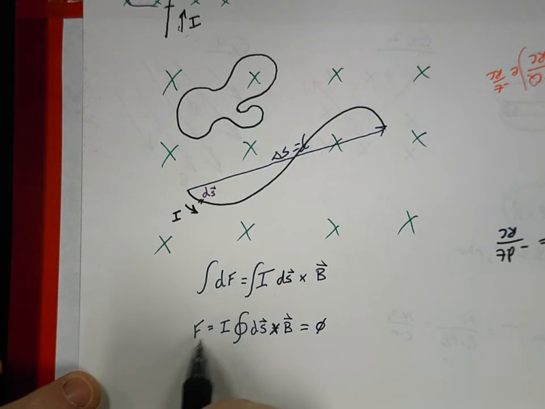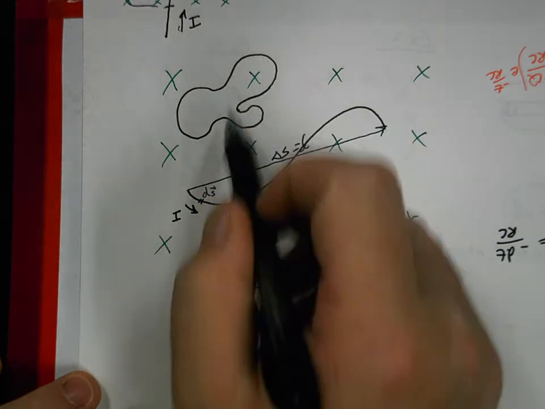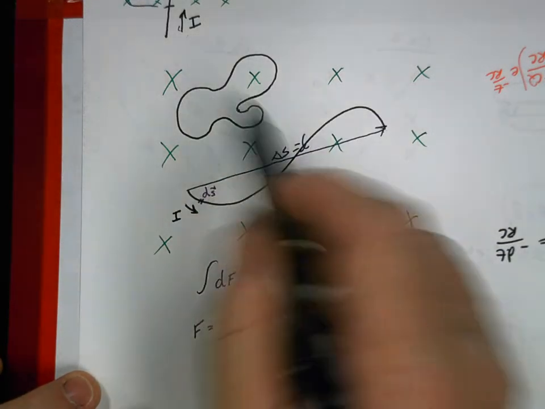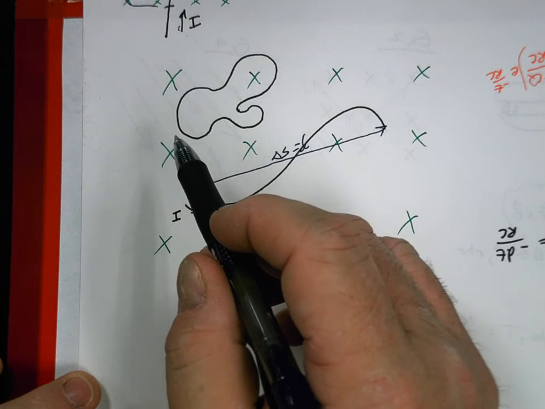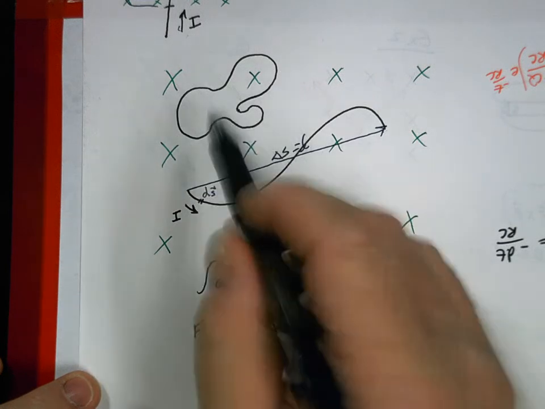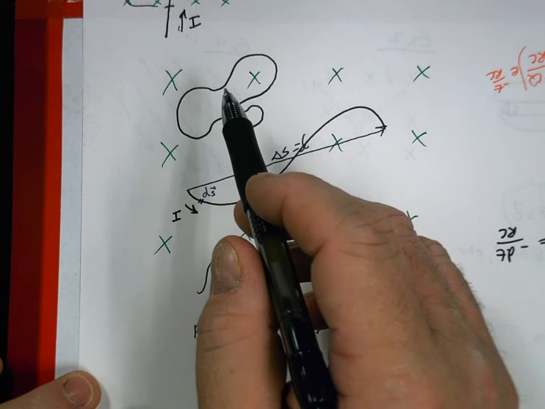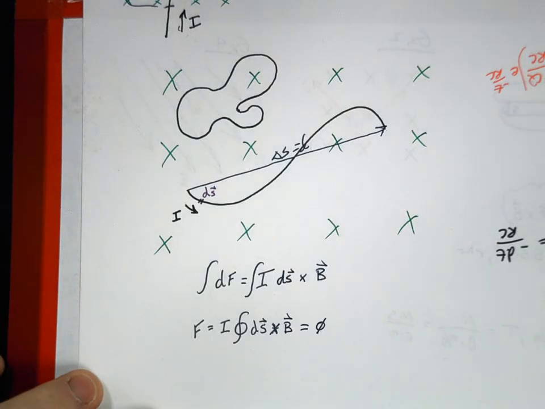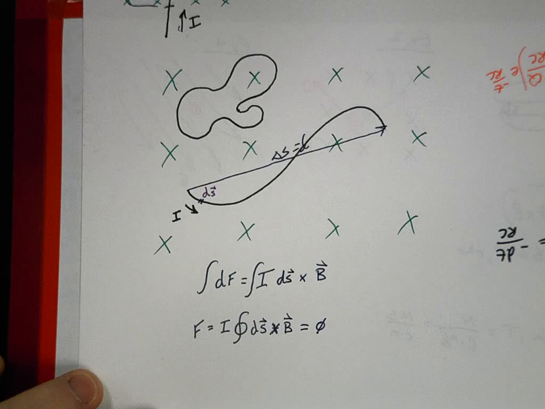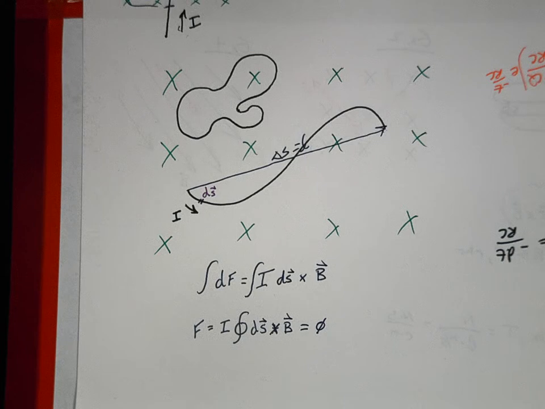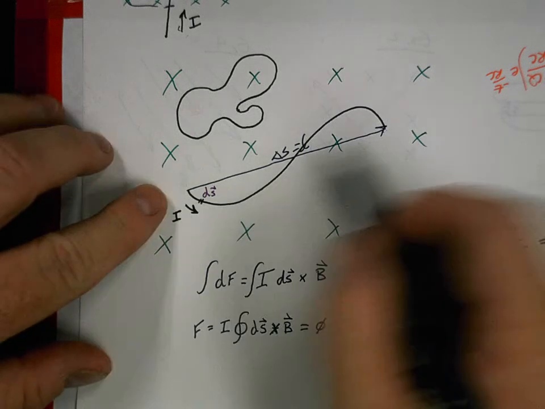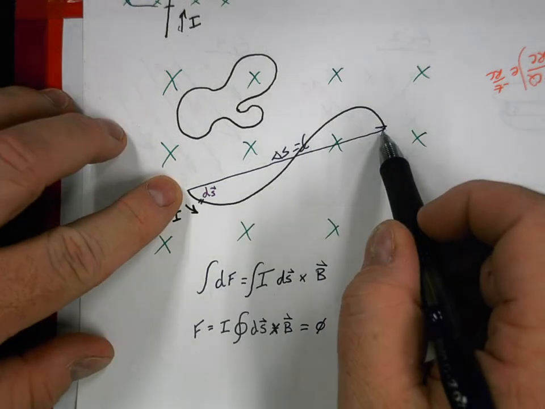So the force on a wire with a current running through it, if it's a closed current in a magnetic field, the total force equals 0. It is path independent so long as it is closed. If it's not closed, like this one here, this would not have zero force.